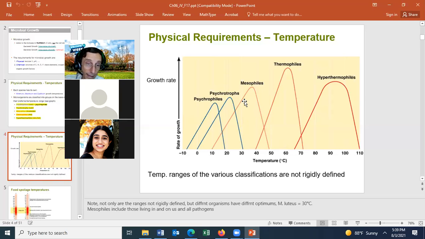That's because the skin is a cooler temperature than inside the body. So the Micrococcus luteus optimum is not 37, it's actually 30. The point is that each species has its own optimum and its own range. Any question about any of that?